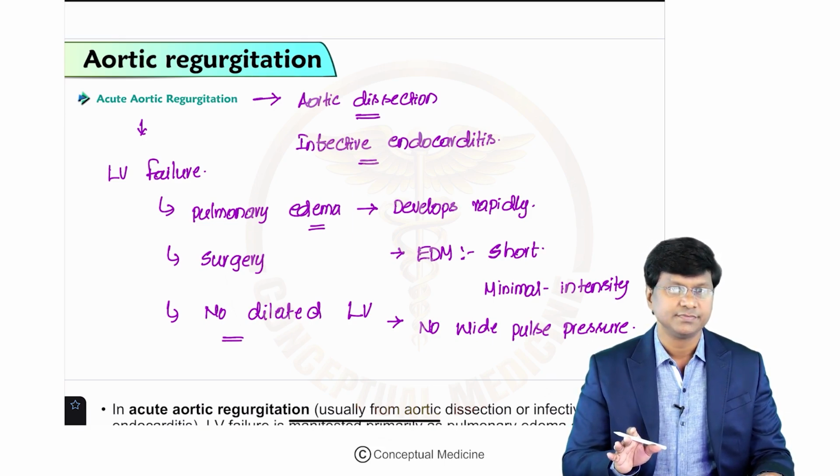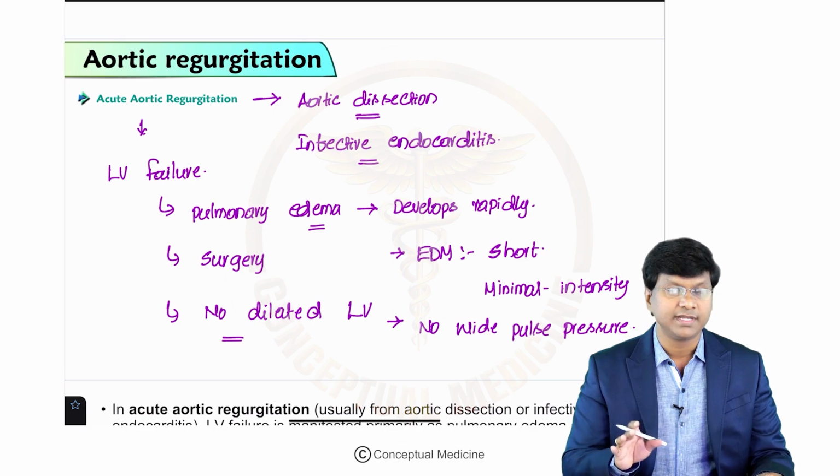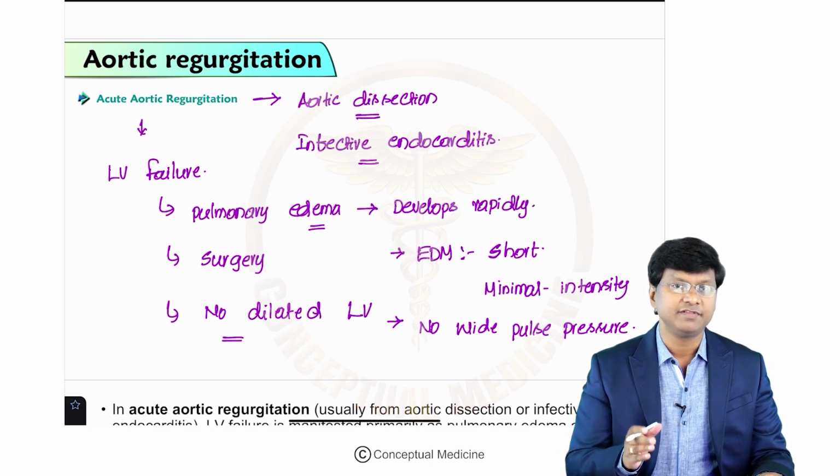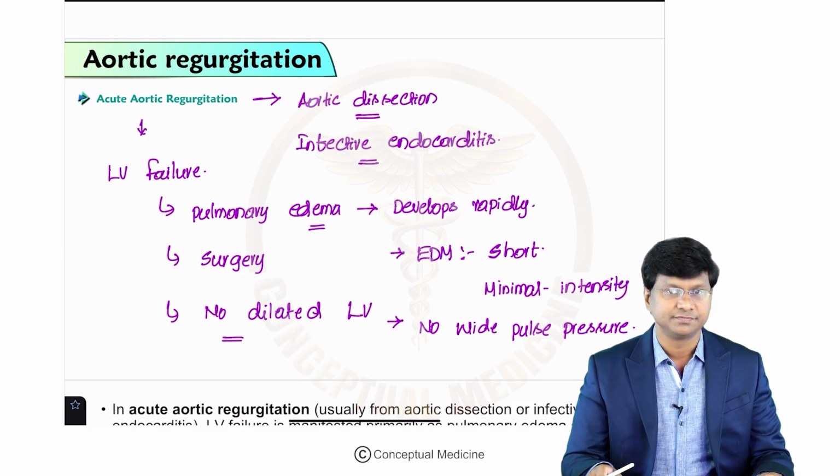And patients with acute aortic regurgitation do not have the dilated left ventricle of the chronic aortic regurgitation. In chronic aortic regurgitation, you have the presence of the dilated left ventricle, but you don't have the same in case of acute aortic regurgitation, right?